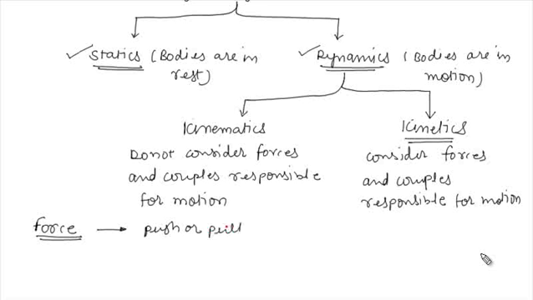Or on the basis of the effect of forces, we can also define it. If the body is in motion or at rest, for changing the state of the body we require some external agent. This external agent is nothing but force.